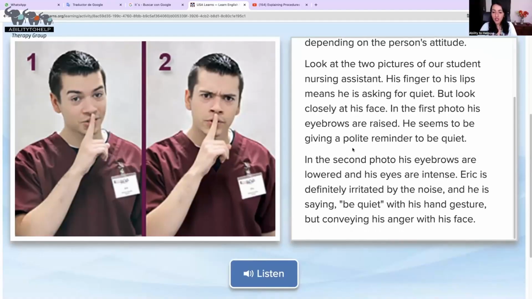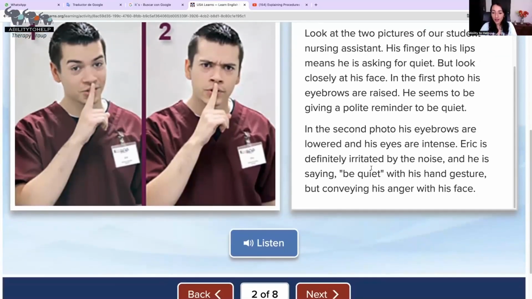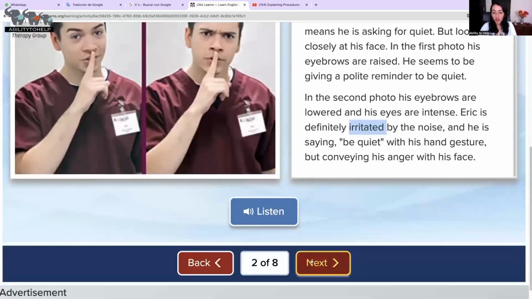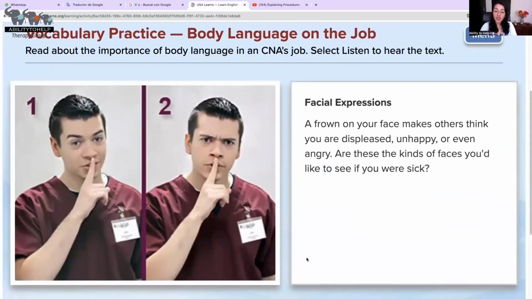So he gives a polite reminder to be quiet. On the second one, Eric is irritated by the noise. He's saying be quiet with his hand gesture. So that's why we have a difference between your facial expressions.